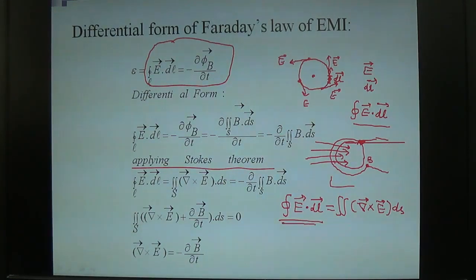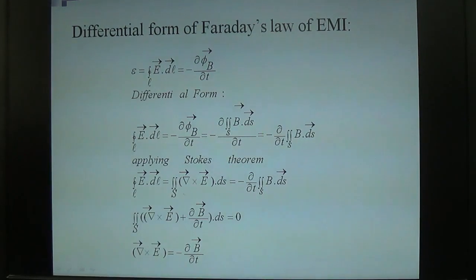So on the left hand side, the value of E dot dl is equal to the open surface integral of del cross E dot ds, and that equals minus d upon dt of the open surface integral of B dot ds, right? Now you can see that this is an open surface integral, and this is also an open surface integral. Now you can compare both sides, right?